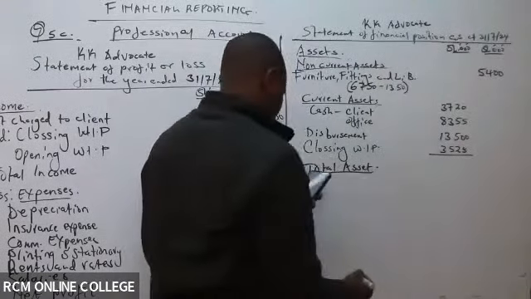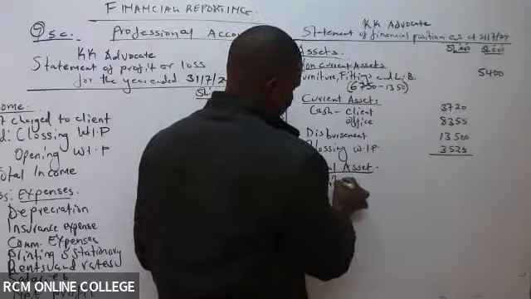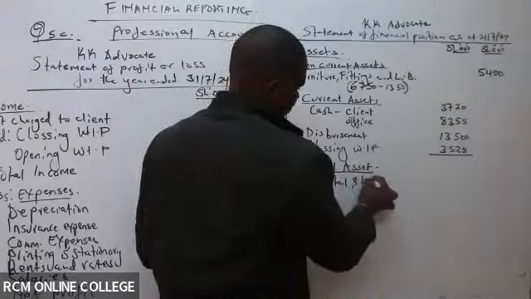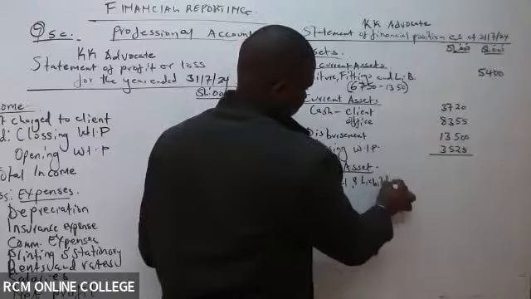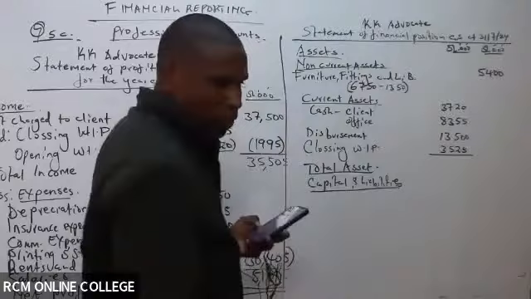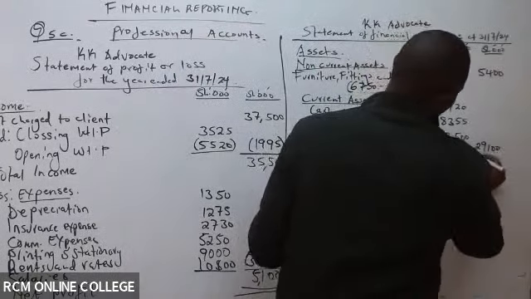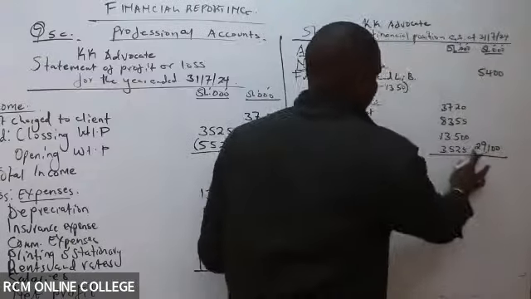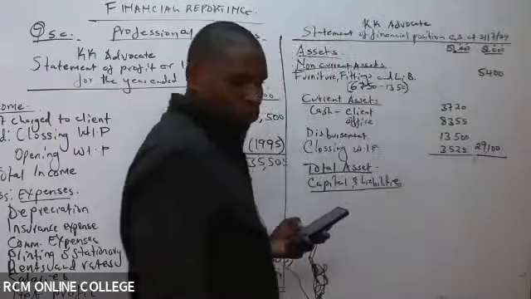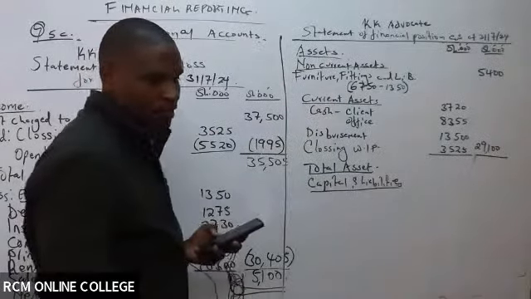Then we look at capital and liability. So what's the total? 29,100. So what is the total asset? We add the two, 5,400 plus that.